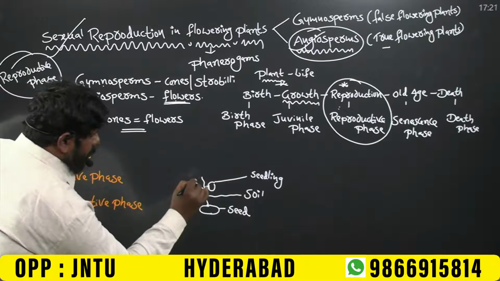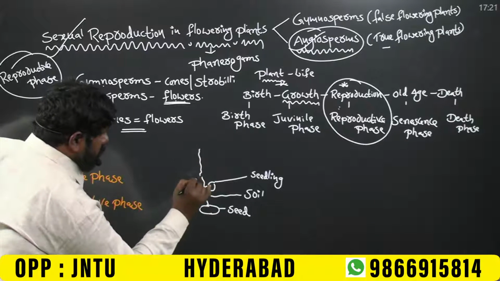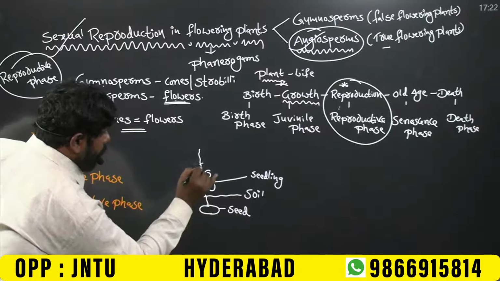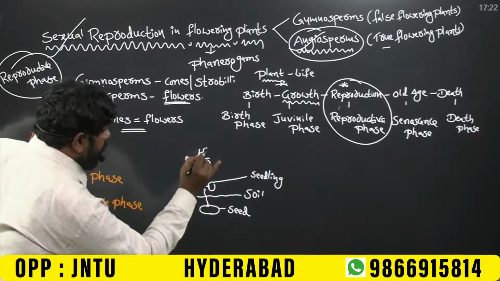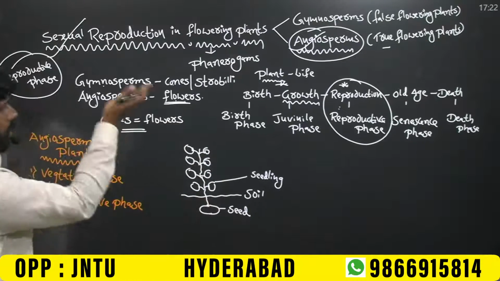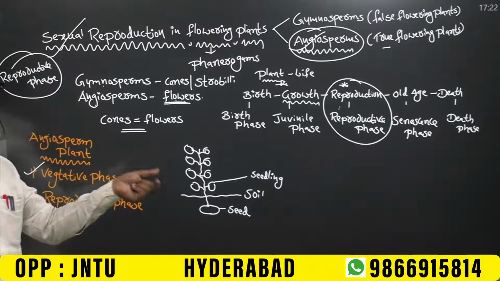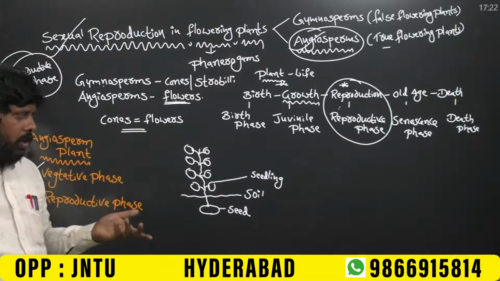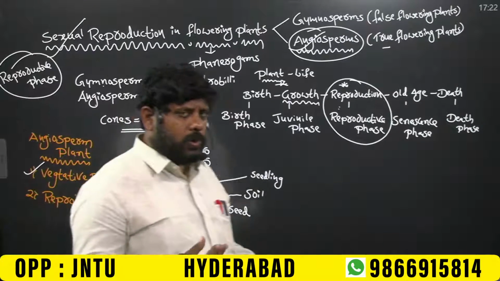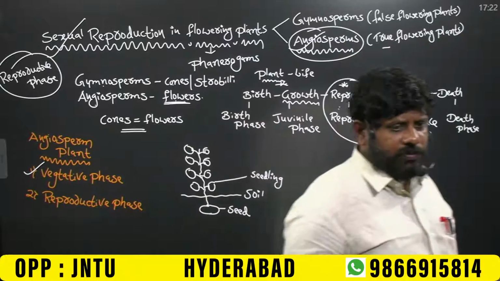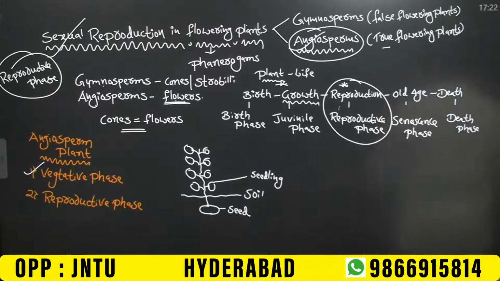Day by day, the seedling shows growth. That growth comes under the vegetative phase. Generally, a plant shows growth up to death because of the presence of meristematic tissues, which we will explain in histology and anatomy, not now.